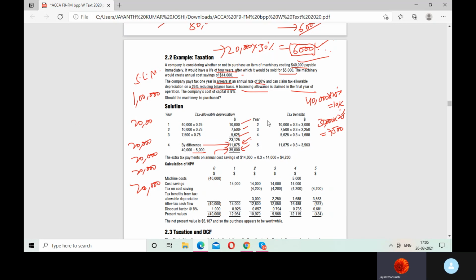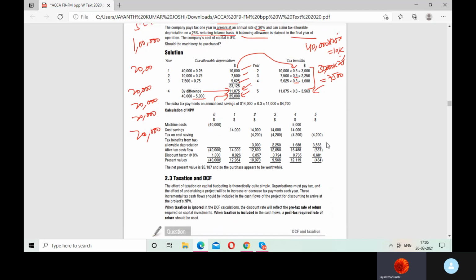On this you can claim the tax allowable depreciation, that means you can find out your cash savings. So on this you apply your same 30% rate, and you get your tax allowable depreciation. That means you claim deduction for this depreciation expenditure, and this is your tax benefit. These are your cash savings. Now let us put all this in our NPV format and calculate our NPV.